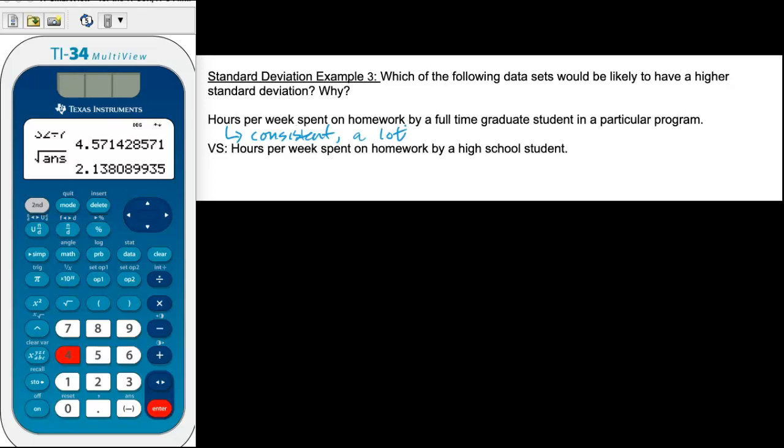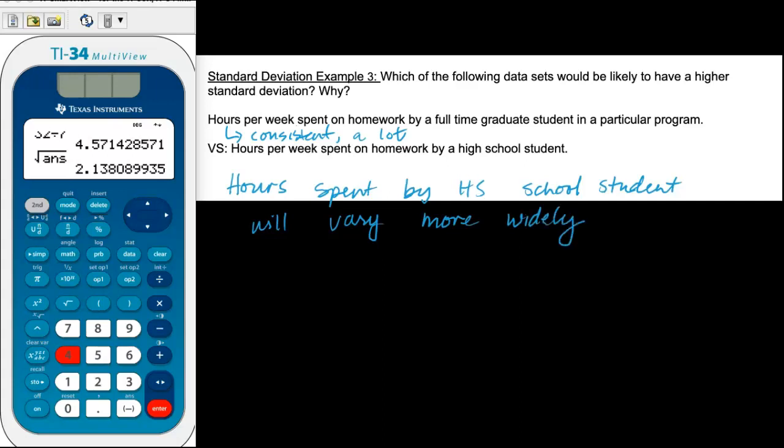And again, these are generalizations. I'm guessing. Obviously, if you take a student who maybe is in 12th grade and is in all AP classes, they might be similar to a student in a graduate program. But if I had to guess, I would say the second option, so the hours spent by the high school student will vary more compared to the graduate student.